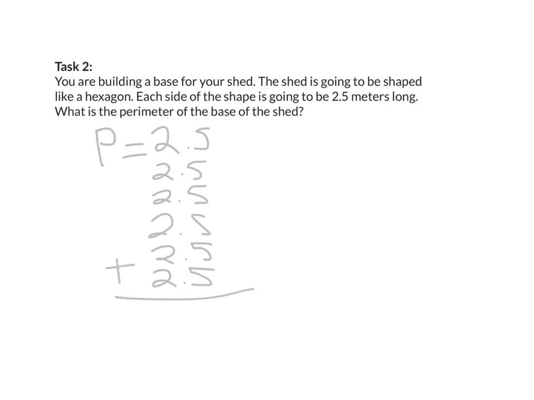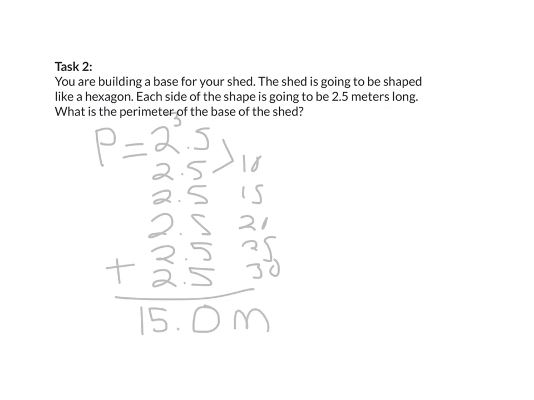So 5 plus 5 is 10, plus another 5 would be 15, another 5, 20, 25, 30. So my 0 stays here, and I carry my 3 over. So 2 plus 2 plus 2 plus 2 plus 2 plus 2 equals 12, plus 3 equals 15. And I know to add my decimal spot in the middle. So therefore, my perimeter for the base of my shed would be 15 meters long.